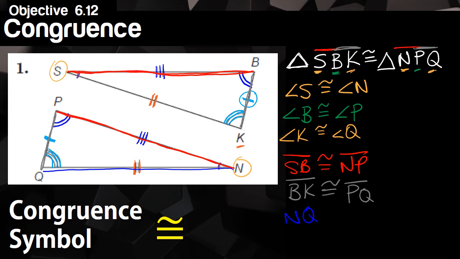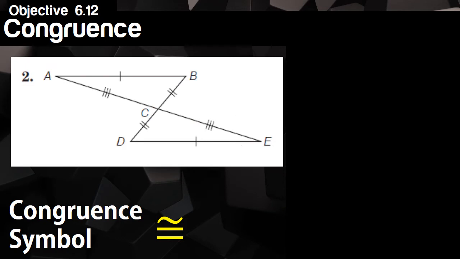So we have NQ, line segment, sorry, is congruent to line SK. We can also see that in the triangle too. So SK, when we actually write it out, is congruent to line NQ. And so we're just determining the congruence of our angles and our sides here.